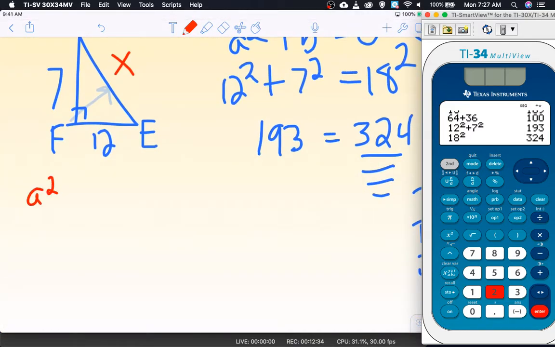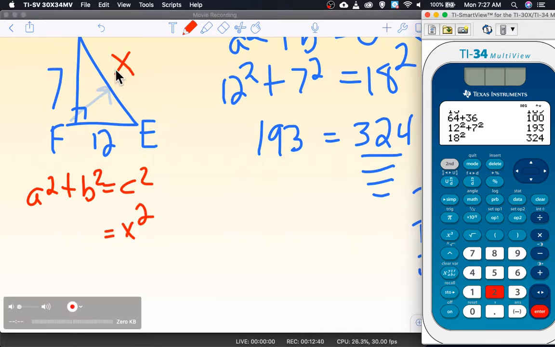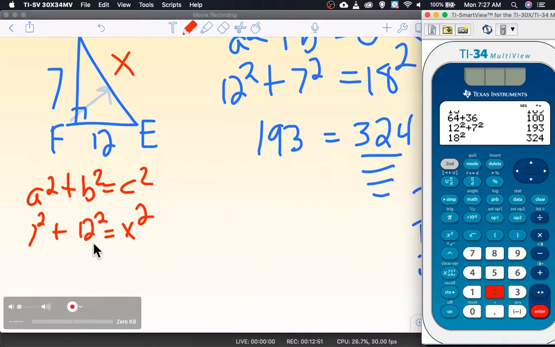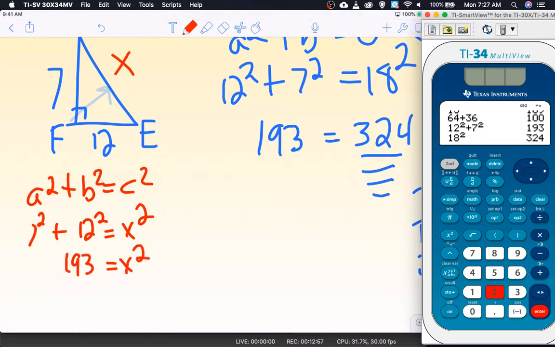So a squared plus b squared equals c squared. I'm going to use x as my hypotenuse because that is the longest side of what I'm now making a right triangle. 7 squared plus 12 squared. And actually, I can cheat this a little bit because I already know what this math is because I did it up here. So that's 193 equals x squared.